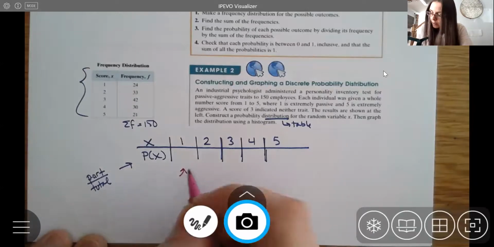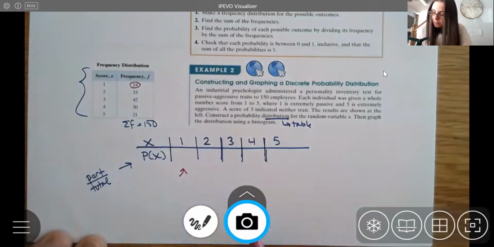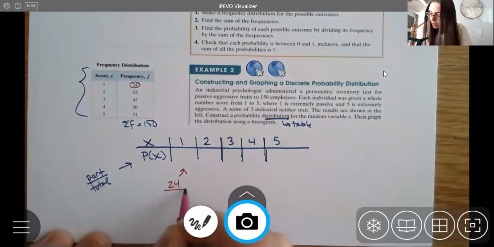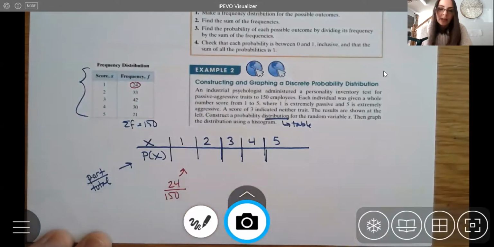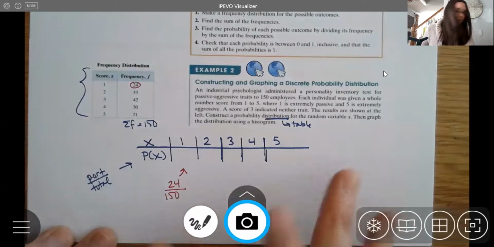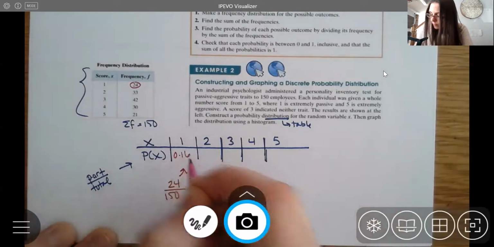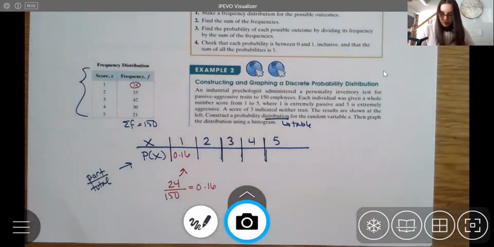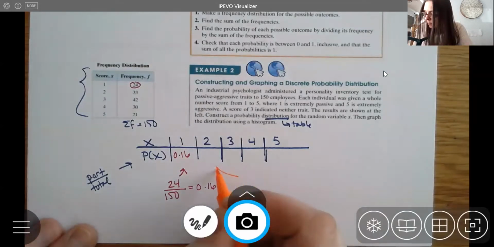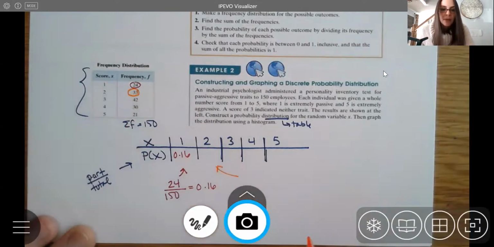So for number 1, you have that 24, and you have 150 people all together. So if I go ahead and divide this out, I'm going to get 0.16. And then for the next one, you have 33 people in that group.